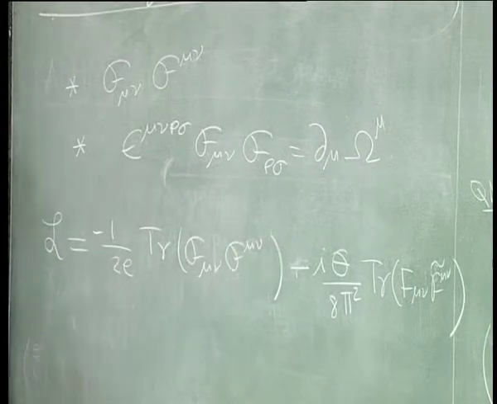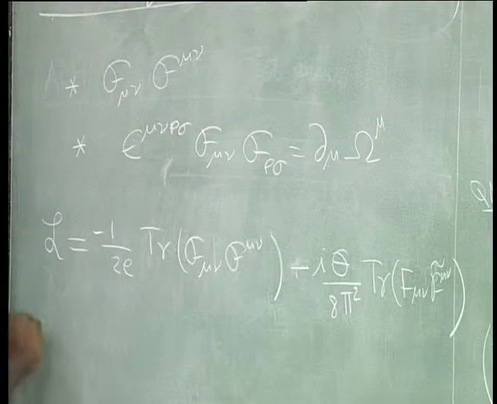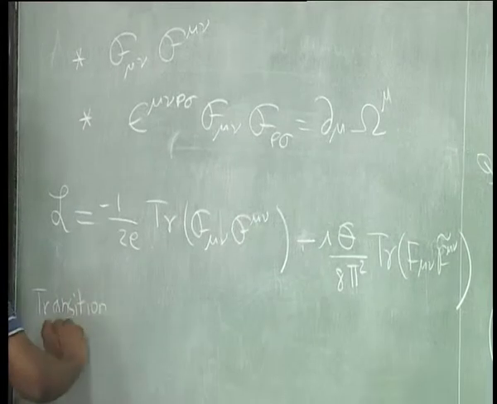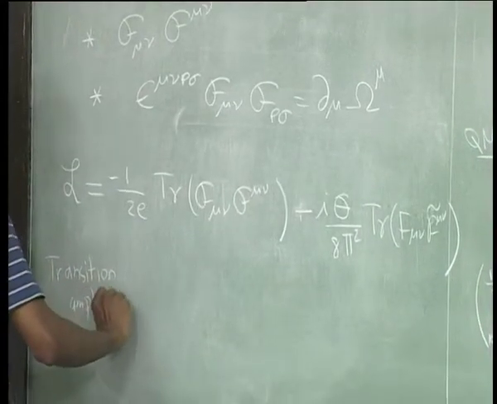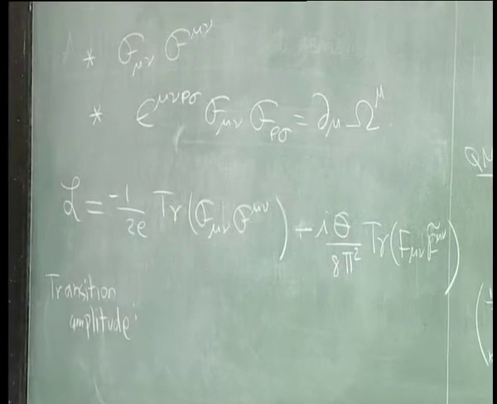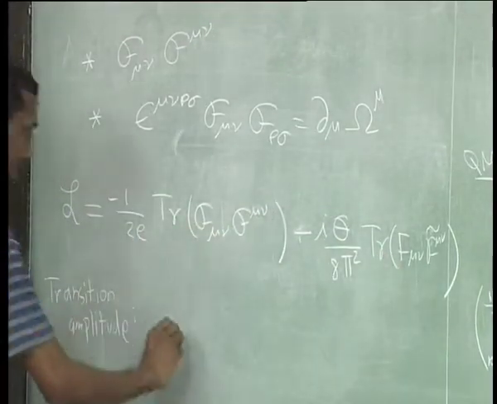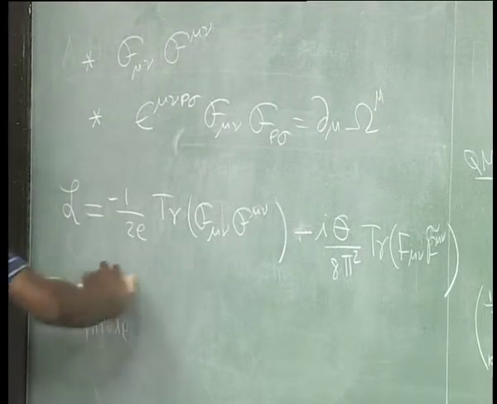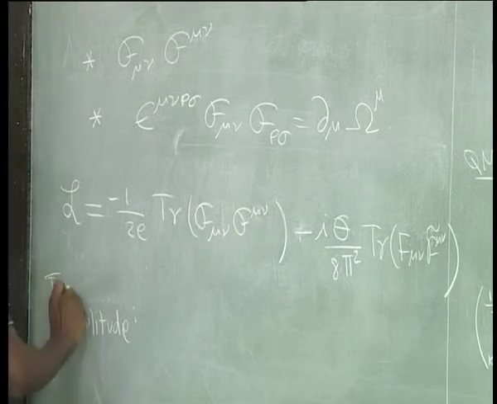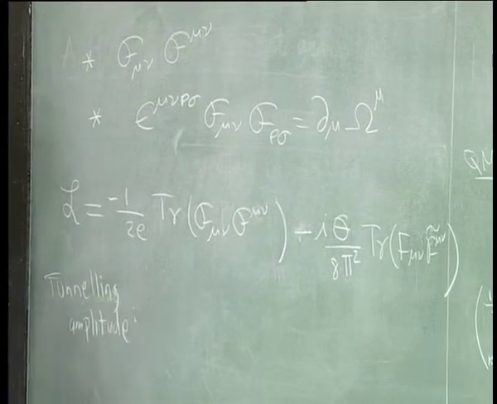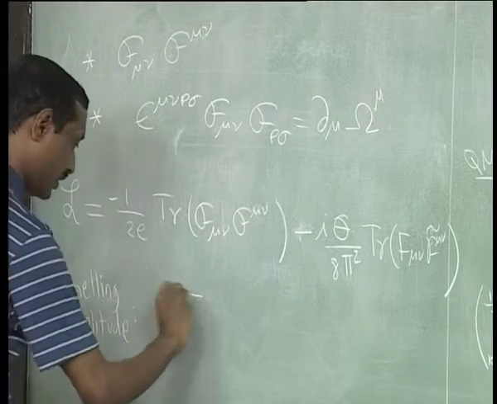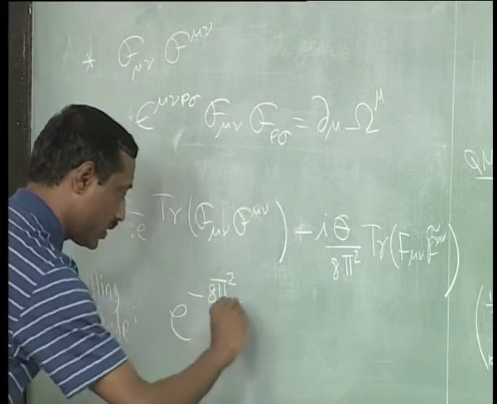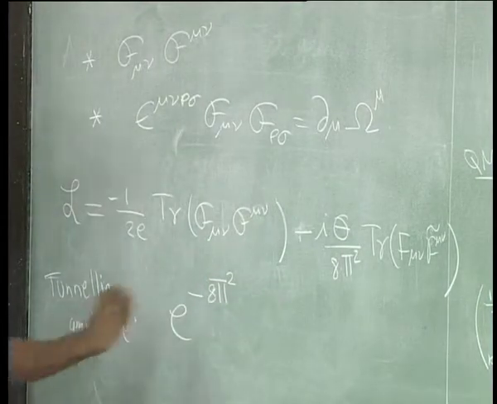And what you will see is that suppose you ask for a transition amplitude, without this term it would have been just the instanton action, but so for this we have to, so tunneling or transition tunneling amplitude, if you want to work out, the tunneling amplitude would have been just e to the minus instanton 8 pi square times the instanton number upon e square.